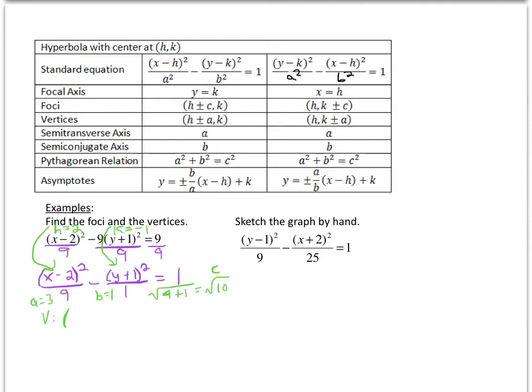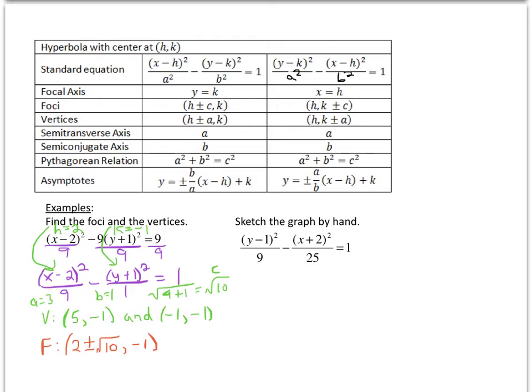So I'm doing h plus a, so 2 plus 3 is 5, comma k, and I'm doing h minus a, so 2 minus 3 gives me negative 1, comma negative 1. There's my vertices. And then my foci would be h plus or minus c, and since c is a square root, I'm just going to do 2 plus or minus the square root of 10, comma negative 1. So there's that.